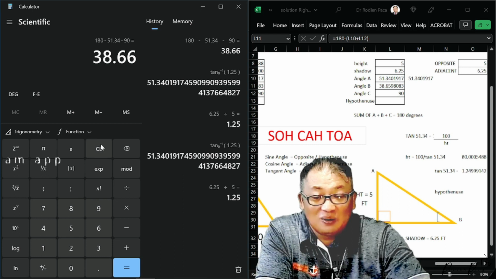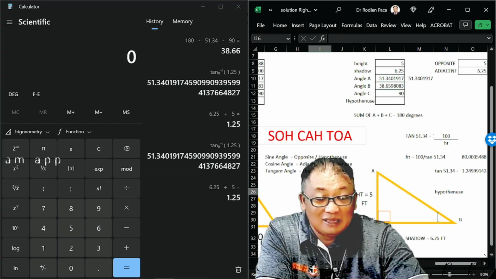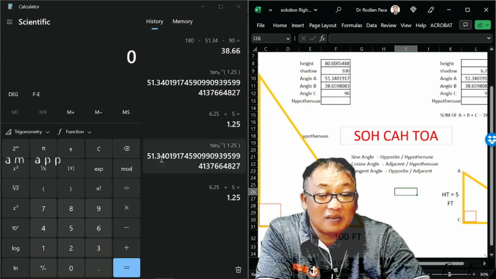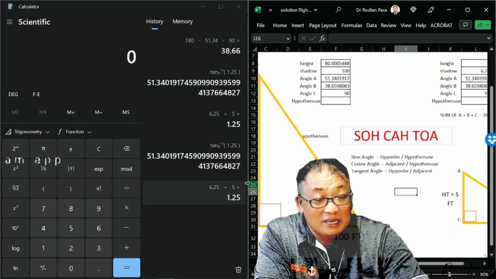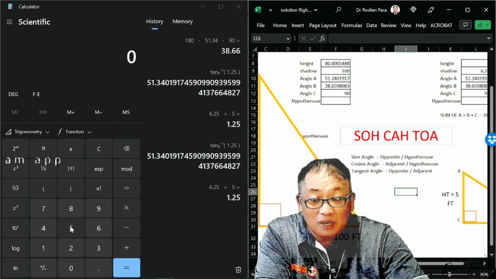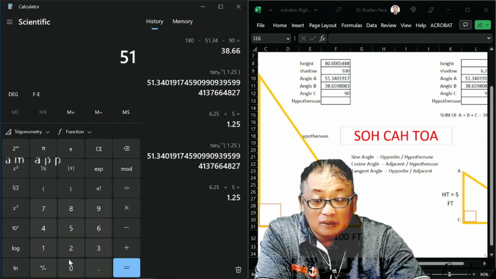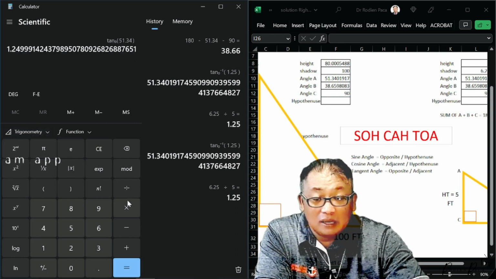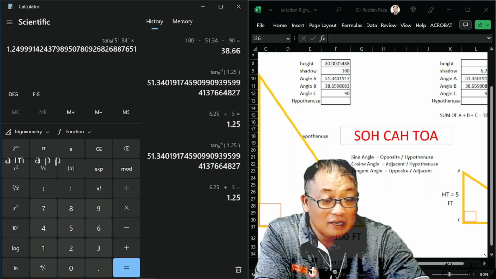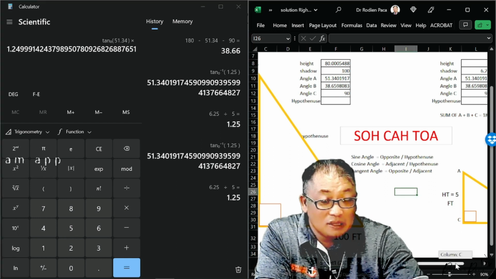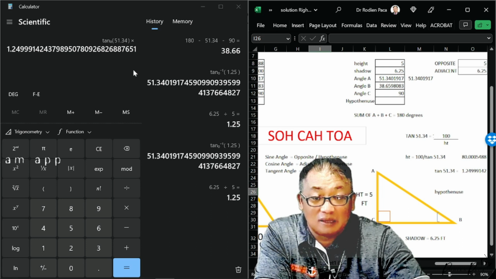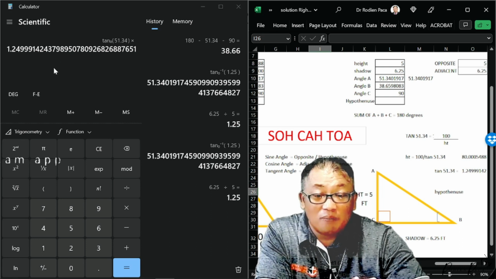So now, how do you solve the height? Here it's quite easy because you already have the 51.34 tangent, and you have to multiply with our solution, which is 100 divided by this amount, 1.25.